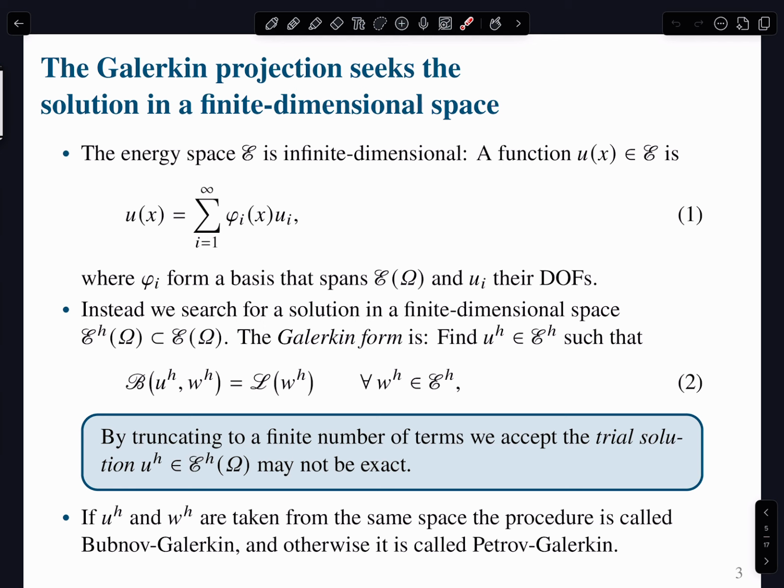And then you may argue, well, why do you choose from different spaces? Well, there are problems for which you need to do this, otherwise you don't get a good solution, right? And I always quote, for instance, the SUPG formulation, the streamlined upwind Petrov-Galerkin formulation, which is the way to solve for fluids in finite elements.